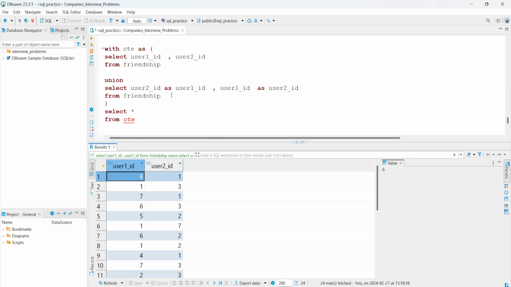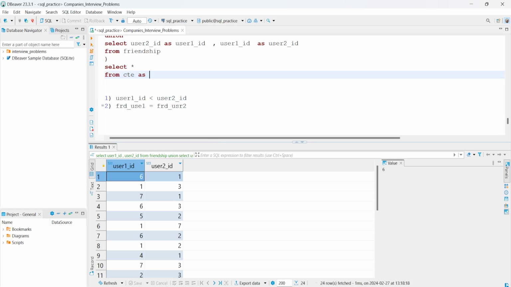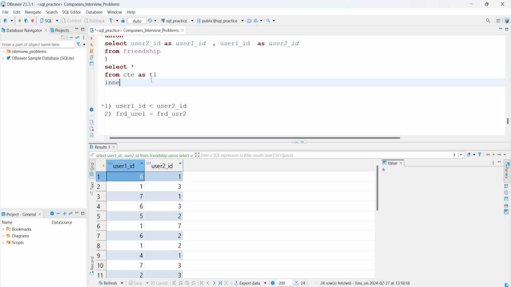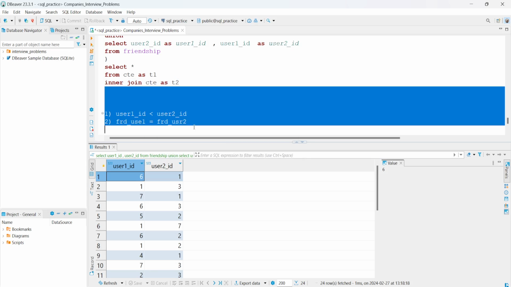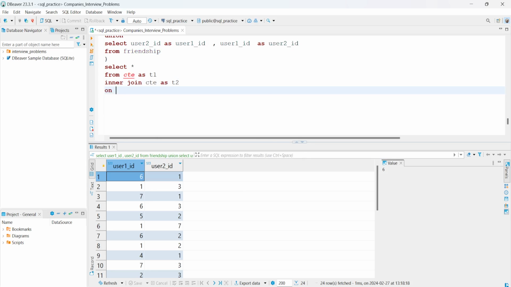So let me code it up. So we can write this as table 1, table 1 inner join with ct as table 2. Let me remove this, and on which table 1 dot user 1 ID should be less than table 2 dot user 1 ID, and let me put this in the parenthesis so that it doesn't create any issue.